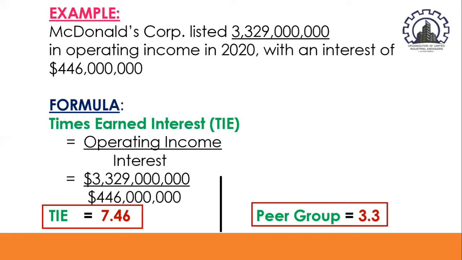So our formula would be operating income amounting to $3,329,000,000 all over our interest of $446 million. And therefore, the result would be 7.46 for our times interest earned based on McDonald's Corporation, compared to the peer group, which has 3.3.